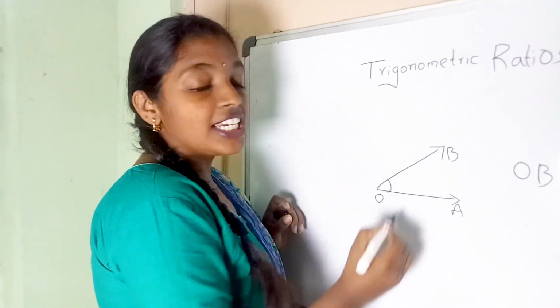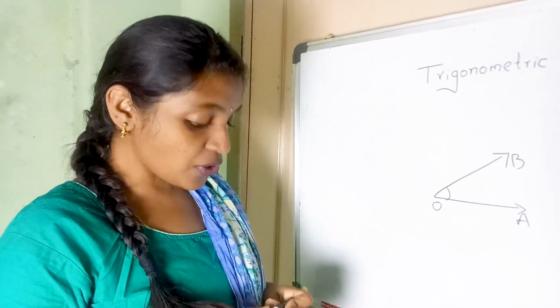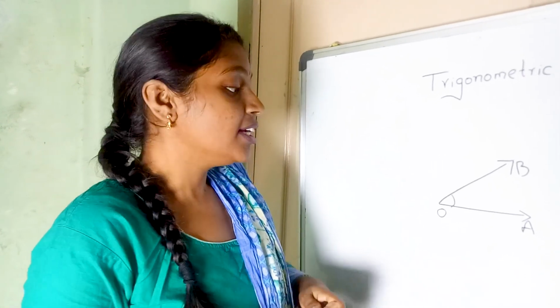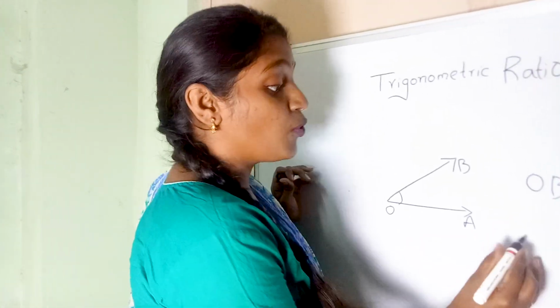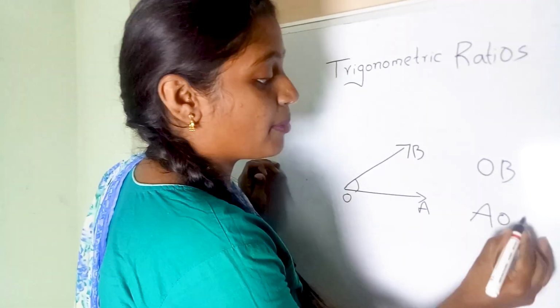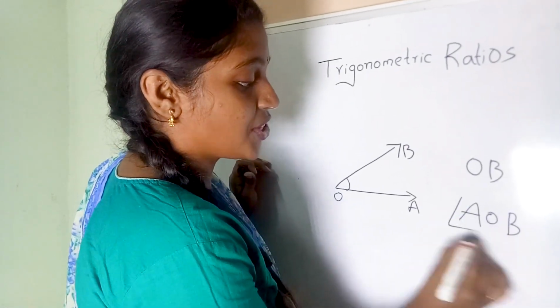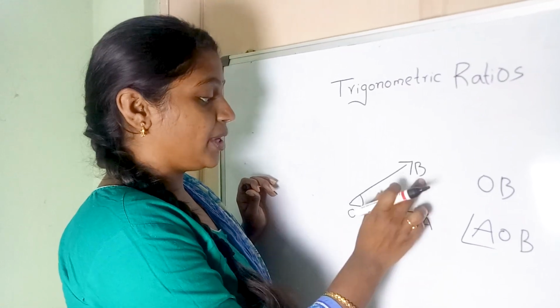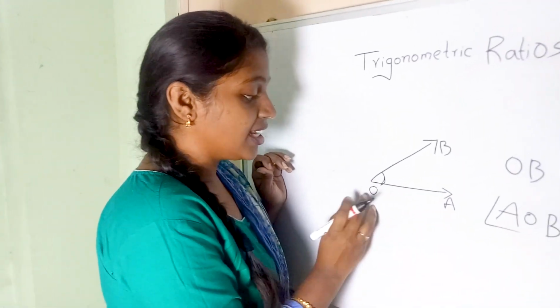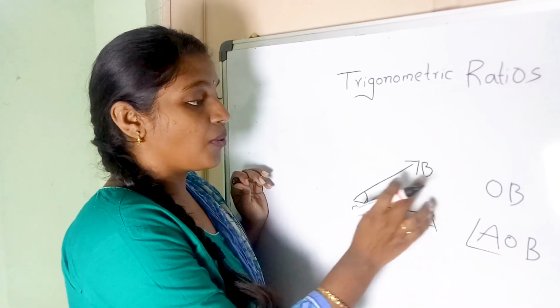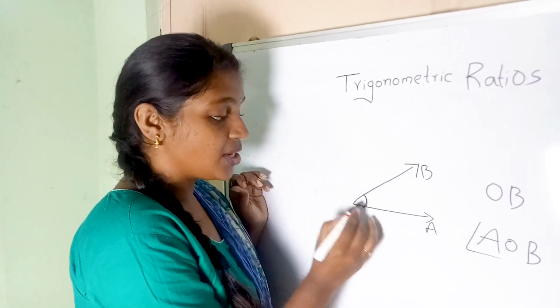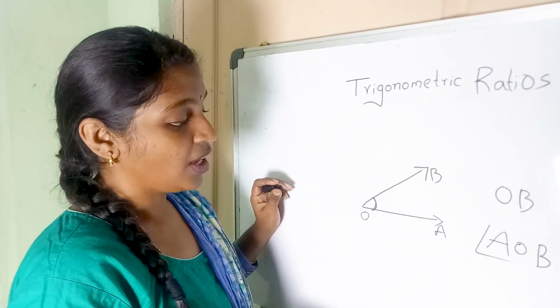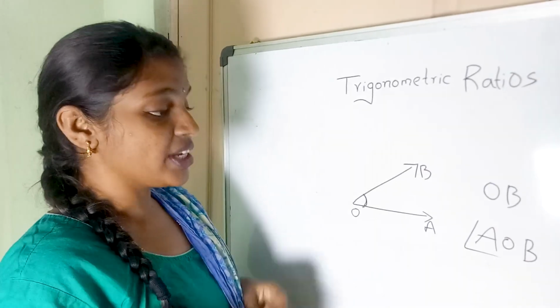Angle AOB is formed, or generated. The angle lies in between OA and OB, so the angle is at point O.